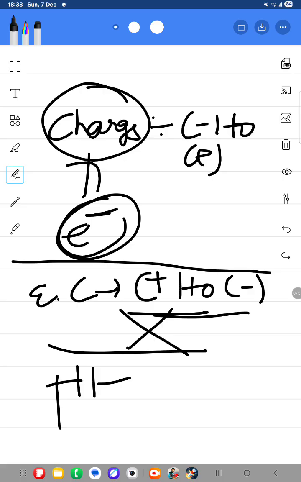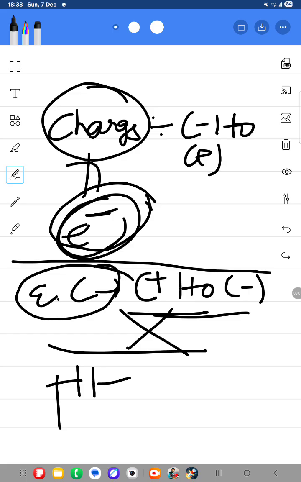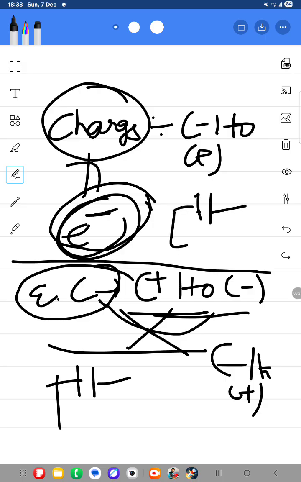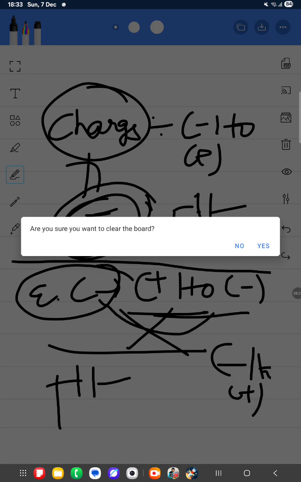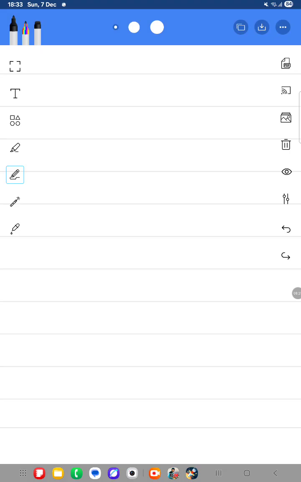But a few years later we found the electron. Then a scientist said that really the electric current flows from negative to positive. But we had many concepts related to this, so he said not to change this concept, but instead we can say that charges flow from negative to positive terminal. I hope you have understood this.